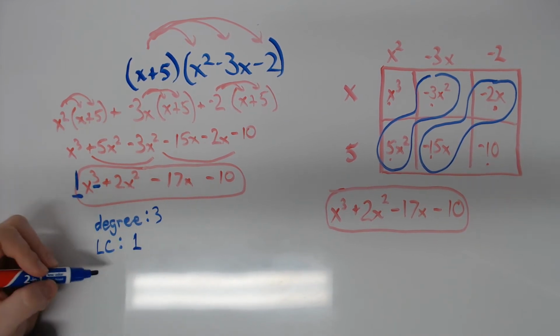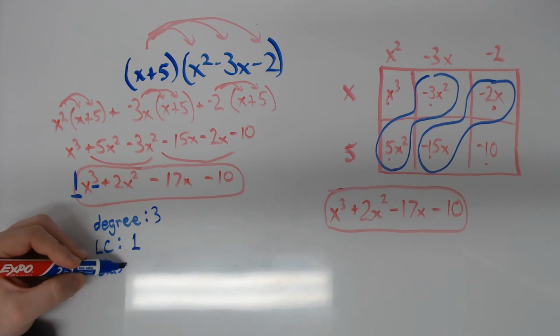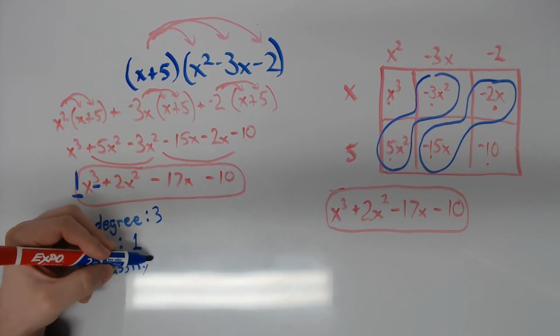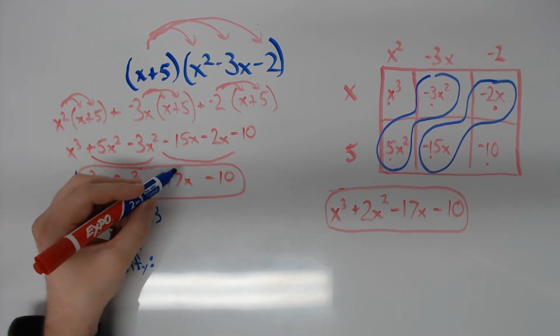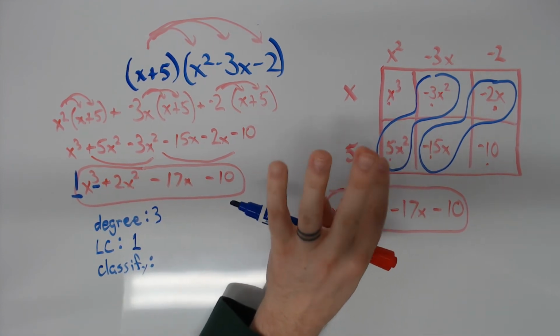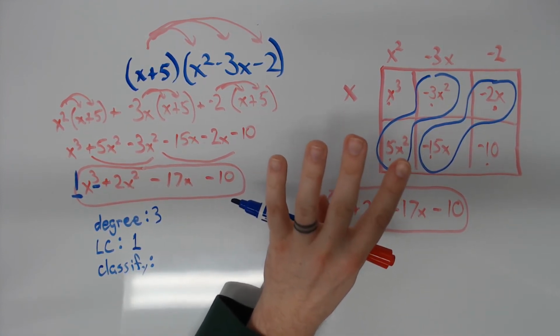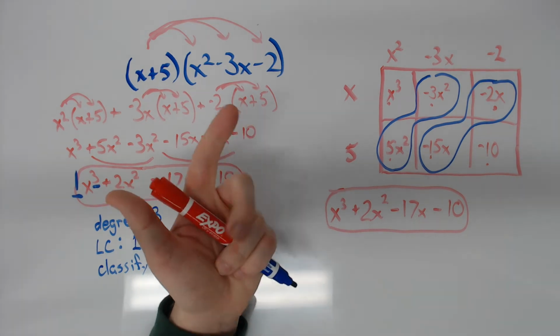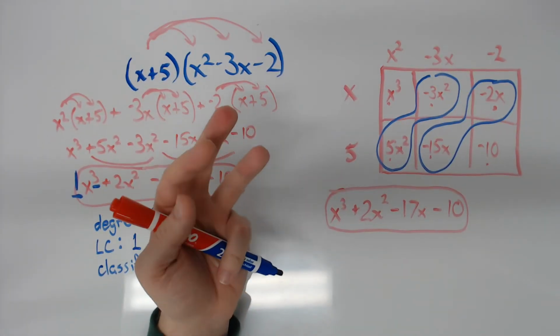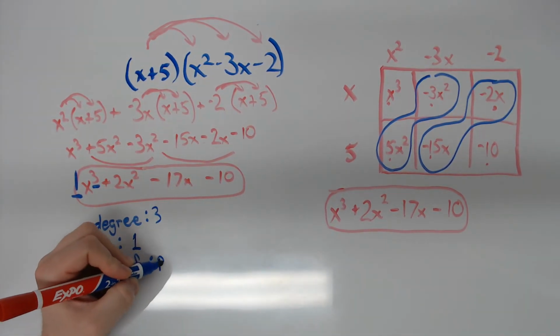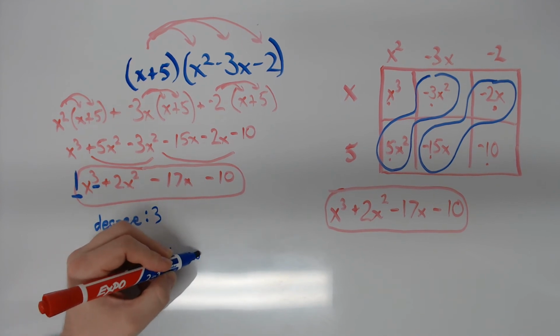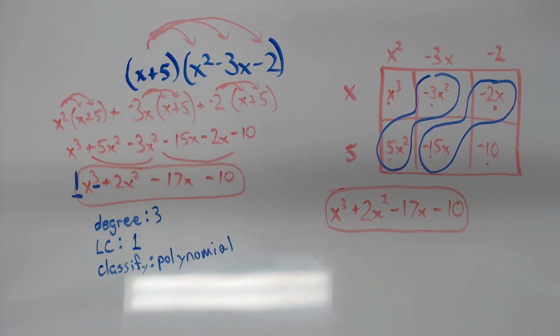And then classification. This is a 1, 2, 3, 4 term expression. So we have monomial, binomial, trinomial, and anything bigger than 3 is just polynomial. So this one doesn't have one of the special names because it's too big. So just a little refresher on something we did in 7.1.